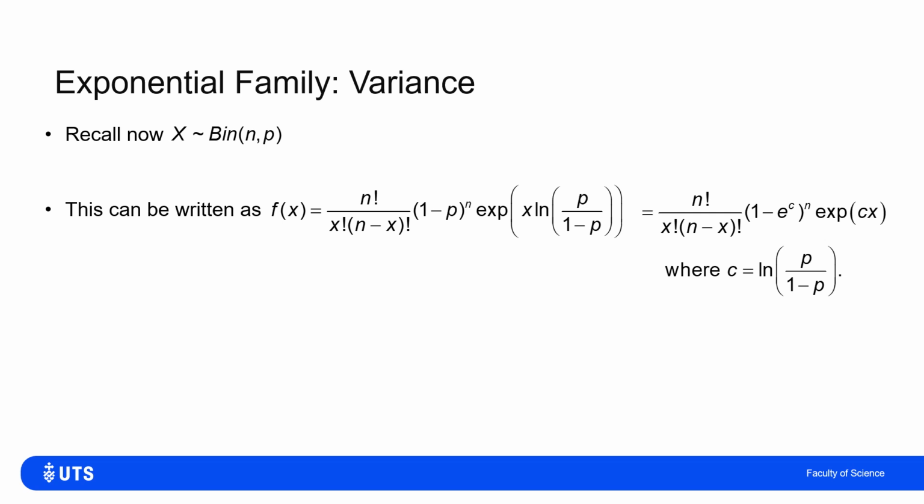And when I wrote it in this form, I'd have the function of x being n factorial over x factorial n minus x factorial. Then I'd have my function of p being 1 minus p all to the n. But when I put it in terms of the natural parameter, that became 1 minus e to the c all to the n.